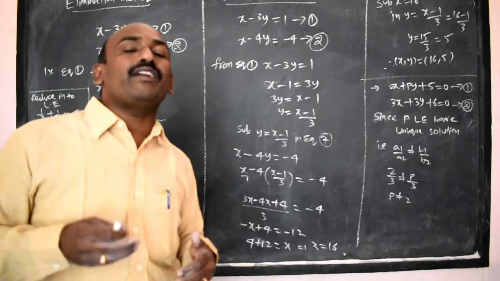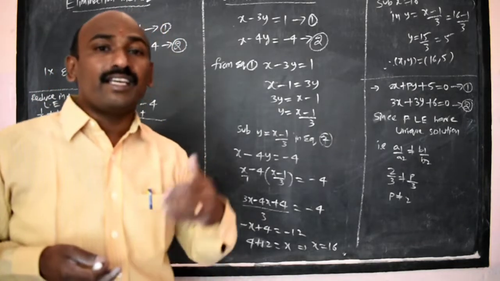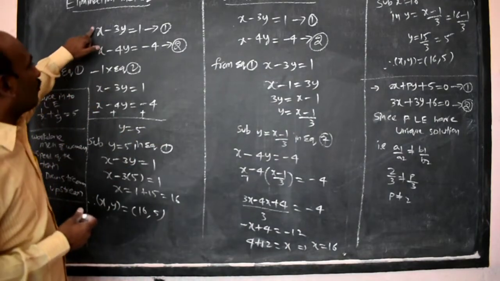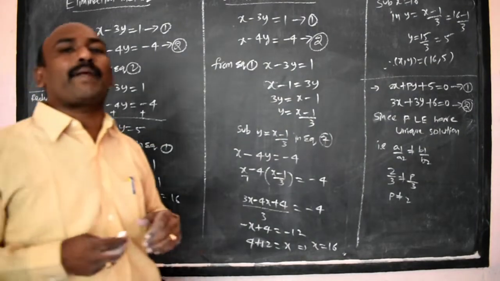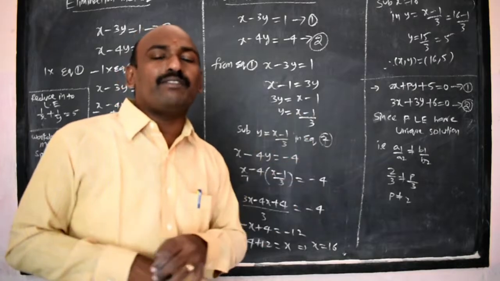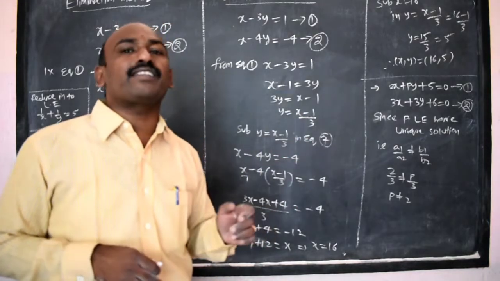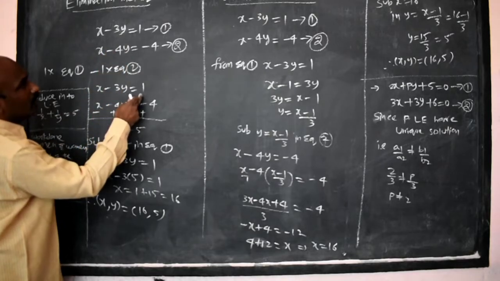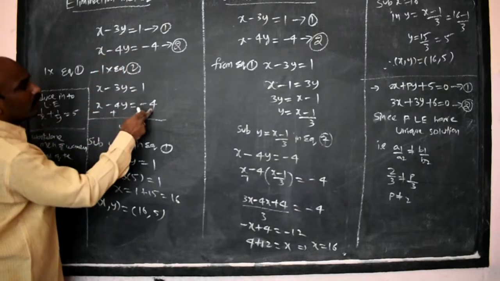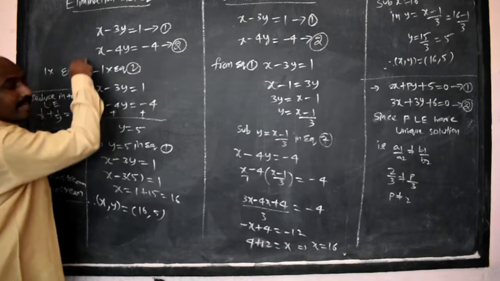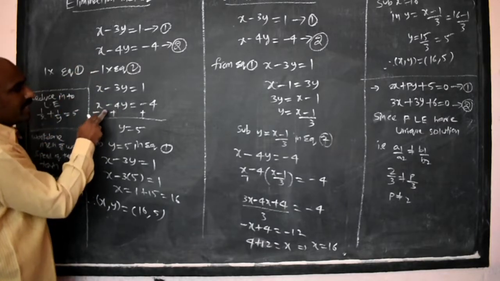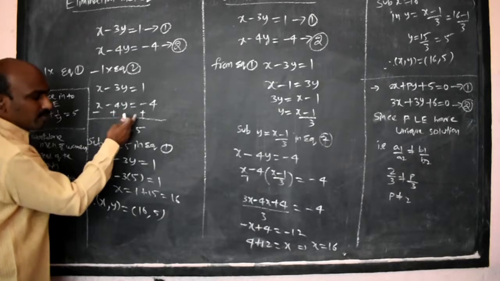If one is plus and the other is minus, you simply add the equations. Now I want to eliminate x, where 1 and 1 are the same, so simply subtract: equation 1 multiplied by 1 and equation 2 multiplied by 1. Then you get x minus 3y equal to 1, x minus 4y equal to minus 4. As both have the same sign, you have to subtract. Subtracting means plus becomes minus, minus becomes plus.